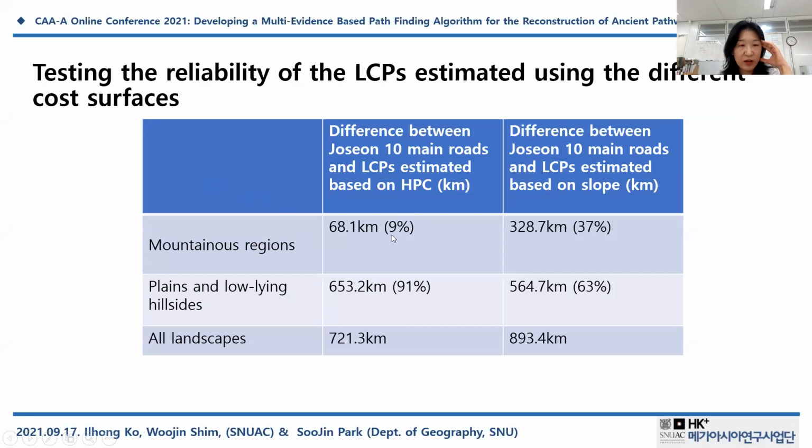The difference was only 9% in terms of the mountainous regions. But if you look at the plains and the low-lying regions, the difference was 91%. So you can see they didn't match very well. And the pathways that were modeled using the traditional kinds of cost surfaces fitted better for the plains and the low-lying hillsides, but not so for the mountainous regions.